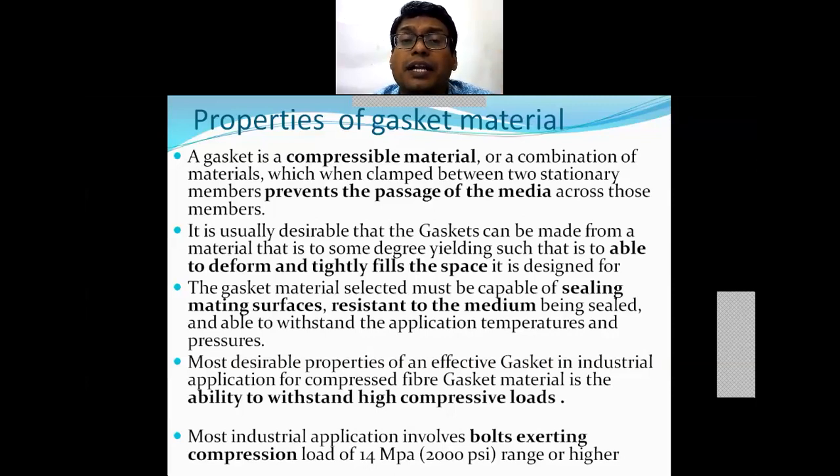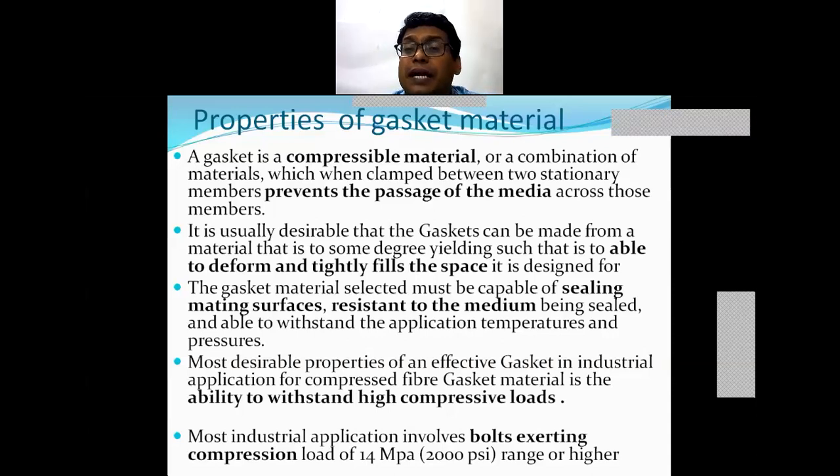So that material should be a soft one so that it can be easily deformed, easily change its shape and flow into the surface irregularities. So the gasket is a compressible material or combination of materials. It is not necessarily a single material that will be used always.